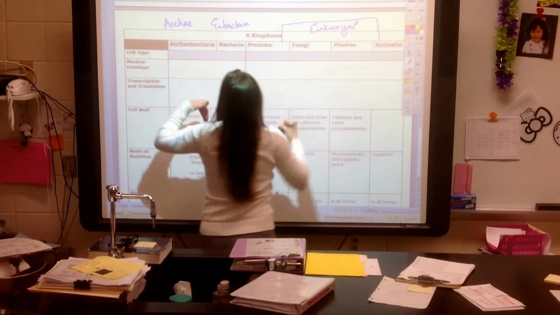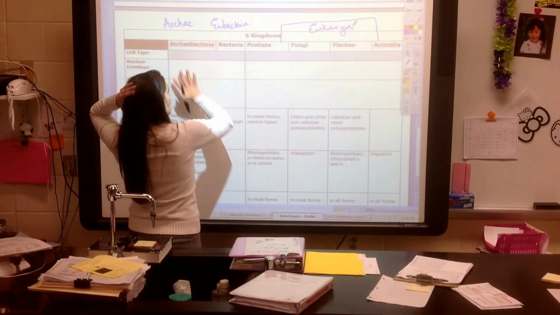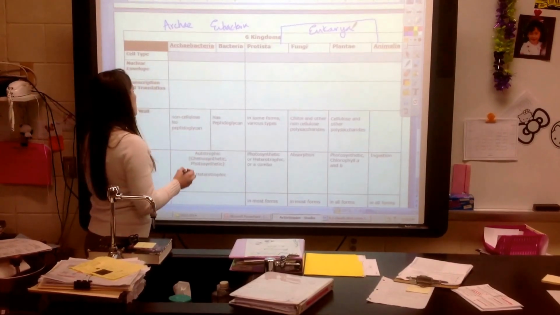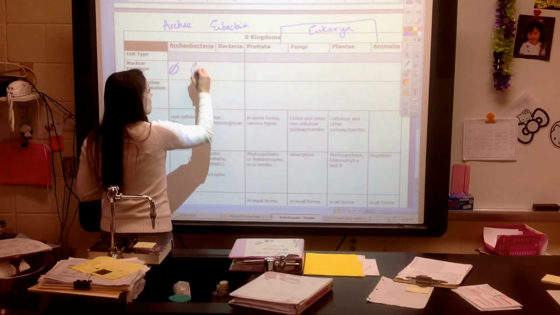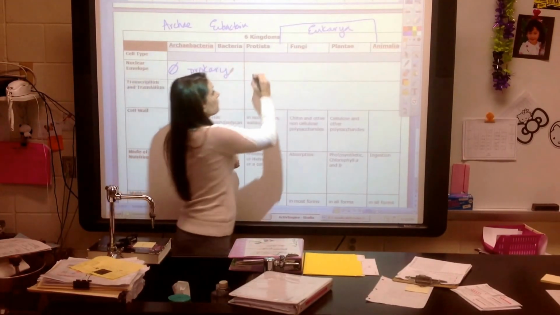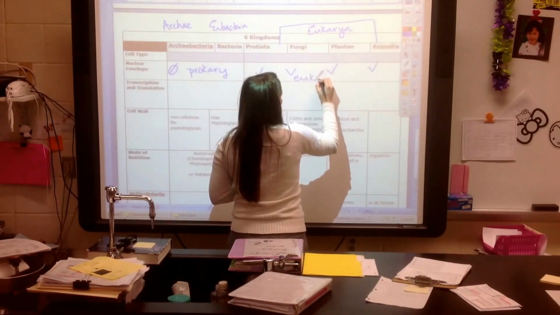And when we subdivide it, we see these 6 kingdoms. Of course, these 2, Archaea bacteria and Eubacteria, have a lot in common. They do not have a nuclear envelope because they are prokaryotic. These 4 all do because they are eukaryotic.